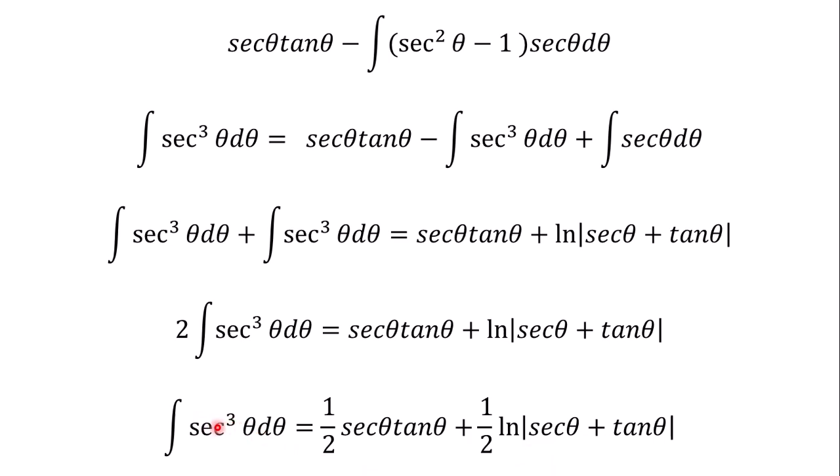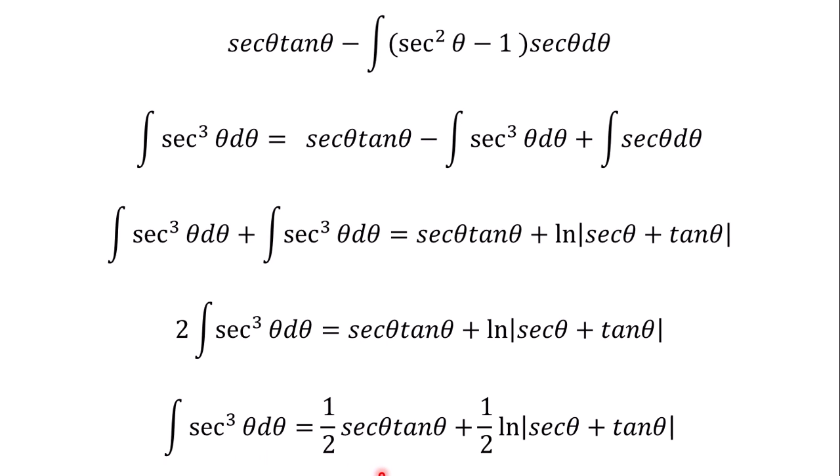So the answer to this integral is 1 over 2 secant theta tan theta plus 1 over 2 natural log absolute value of secant theta plus tan theta. Now this is the answer to this one.